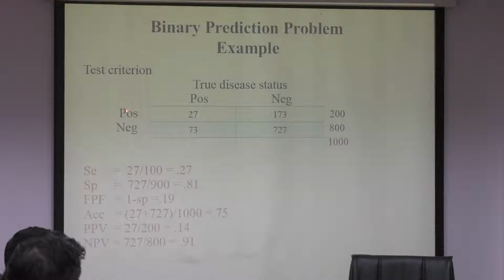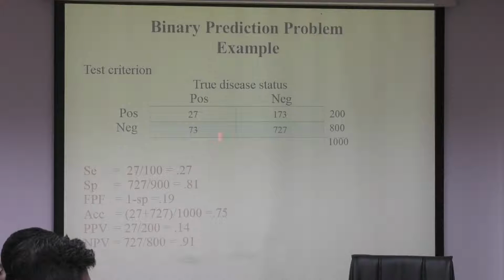But when I'm working with the PPV and NPV, if I have 1 and 99, it will be completely different from 10 and 90. So the PPV and NPV will depend on how many patients are in the positive group and in the negative group because I'm going across them, right? And what decides how many here and there? The prevalence, all right? In other words, the sensitivity and specificity are not affected by the prevalence.